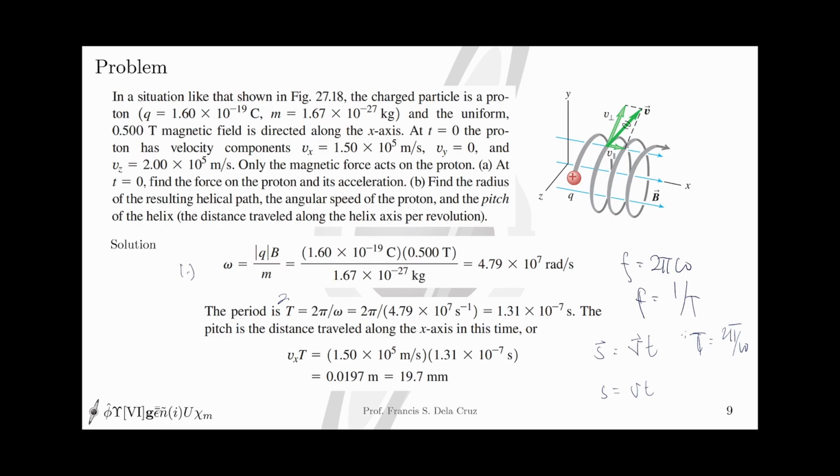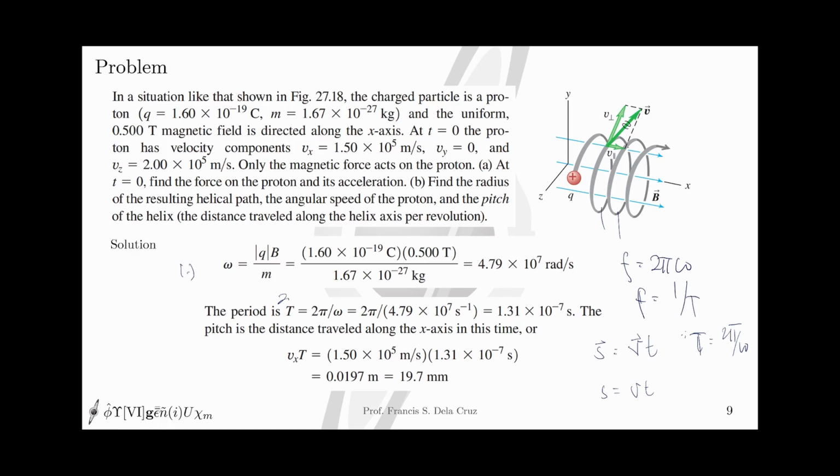So that's the amount of time to get a full revolution. Since this is a helical path, one full revolution will give us a distance equal to vt. It means that from one point, you're going to move to another point after that amount of time, that period.